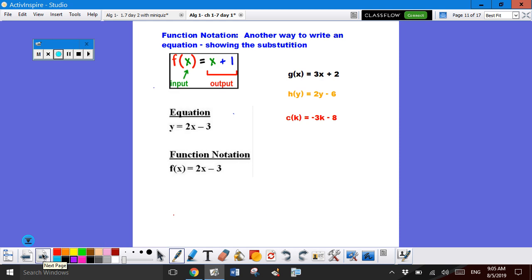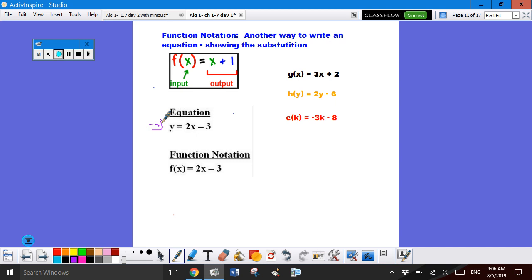All right, let's talk about function notation. So at this point, I just want your eyes up and let's talk about how functions work, what they are, and how they really are just substitution. So function notation is really just another way to write an equation, okay? So we've seen things like y equals 2x minus 3.